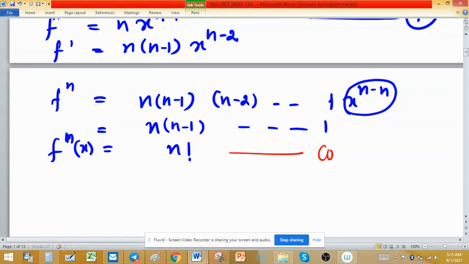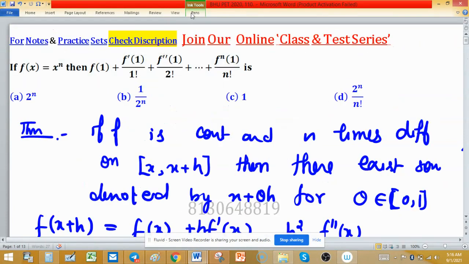Because this is a constant function, f^n(1 plus theta h) will equal n factorial, and you can see in the last term of the expression, this is f^n, means the nth derivative of the function at 1, upon n factorial.